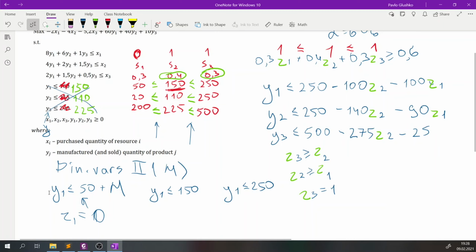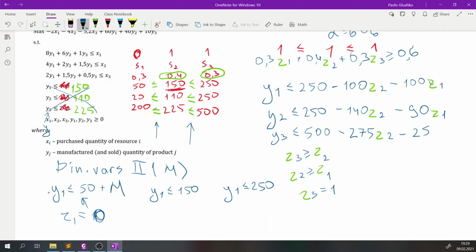So I want this m to be here when z1 is equal to 0, because z1 equal to 0 means deactivated, and m is really what deactivates it. And I want this m to disappear when z1 is 1.